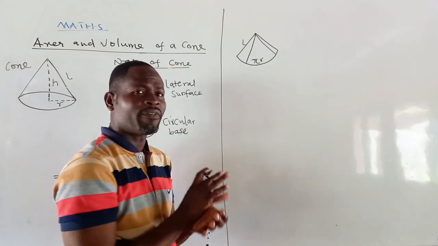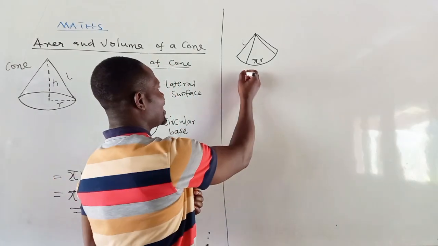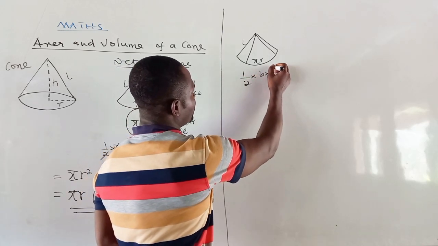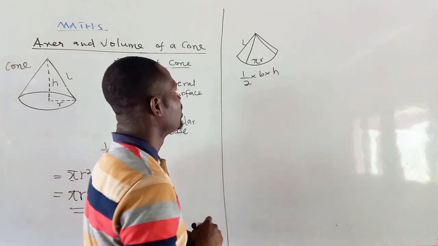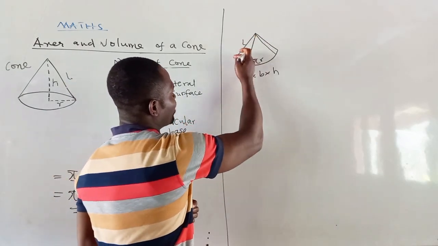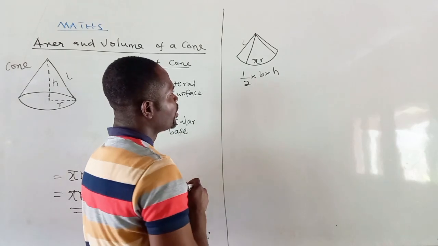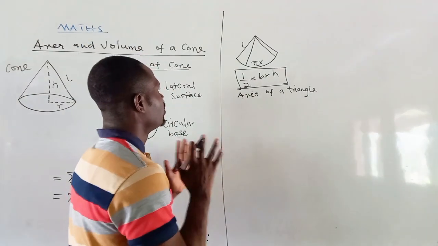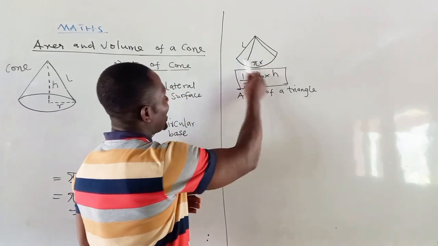In finding the area of a triangle, we use the formula half times the base times the height. So now our height here is the slant height, and this becomes the base.